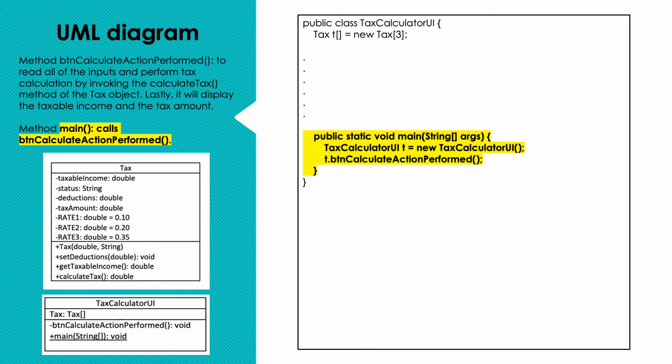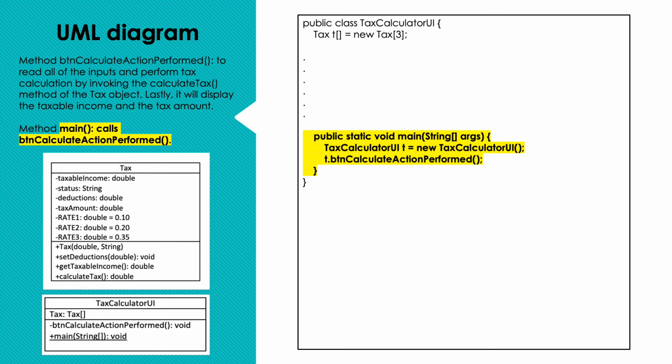Now we need to write the other method, which is called main. Inside main, it will call the buttonCalculateActionPerform. So in the main method, I would create an object of the class. So I would write TaxCalculatorUI t equal new TaxCalculatorUI.